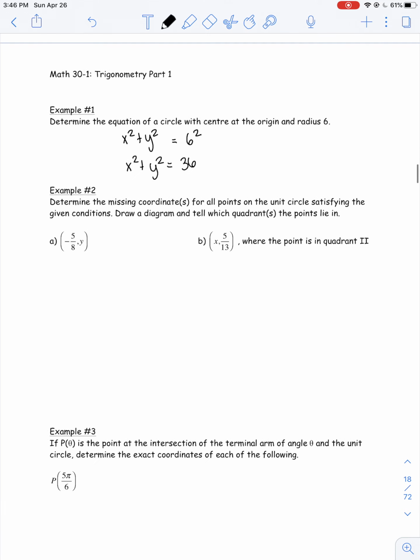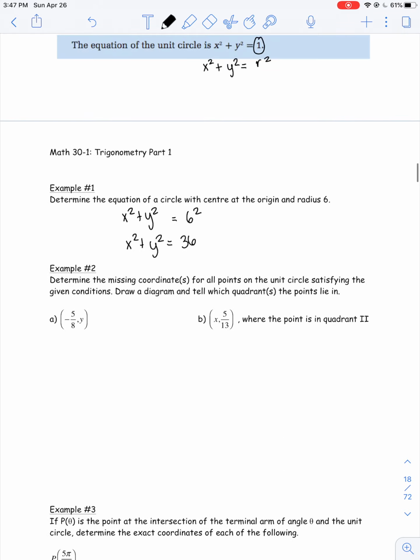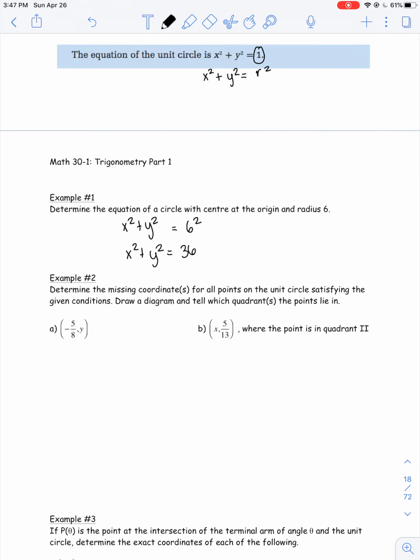Example number 2, they want you to find the missing coordinate. It says we know it's on the unit circle. So we're going to plug in the coordinate and then solve for what's missing. We know that on the unit circle, x squared plus y squared equals 1.